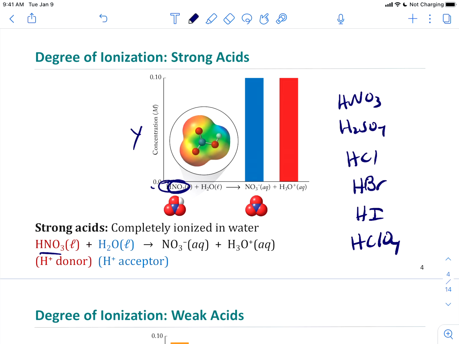Anytime you write acid-base equilibria, there have to be an acid and a base, because the proton has to go somewhere. So in this case, nitric acid is the hydrogen ion donor. Water's there to accept it, so water acts as a base here and picks up that hydrogen ion. That is one of the definitions we gave of acids and bases.